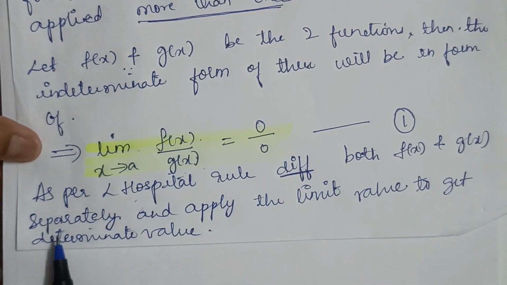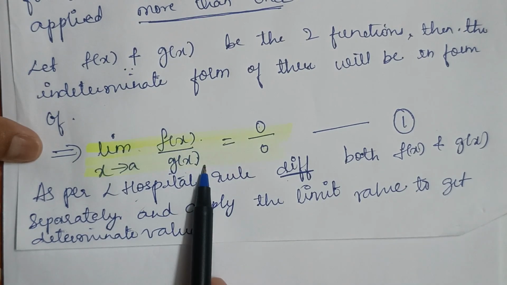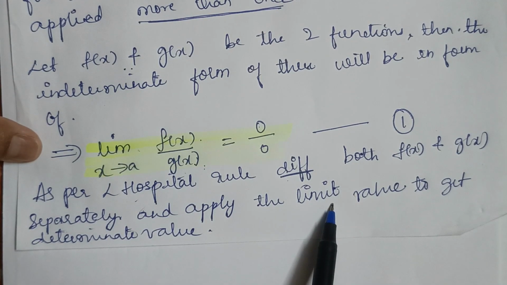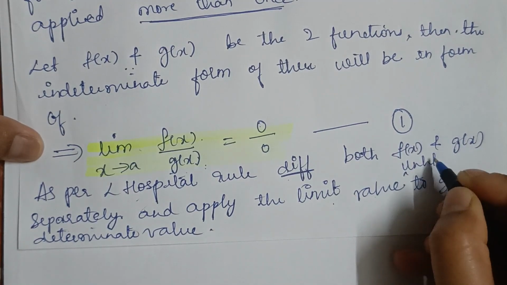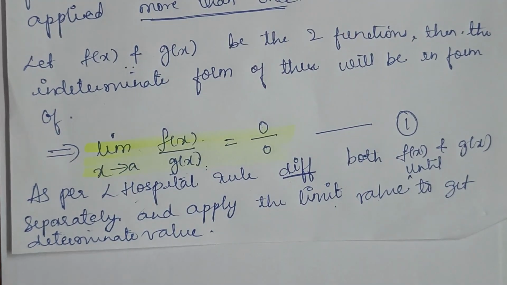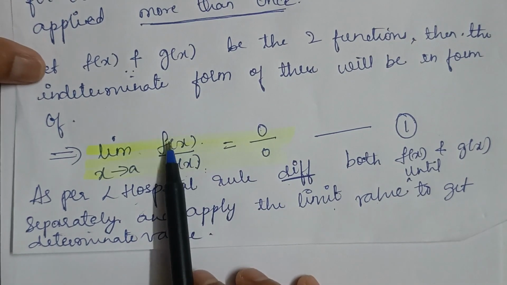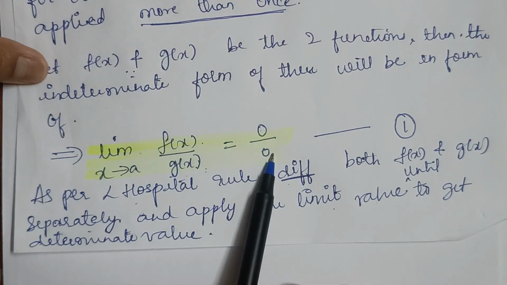So as per L'Hospital rule, differentiate f of x and g of x separately and apply the limit value until we get a determinate value. For example, you differentiate f of x and g of x separately and you get some indeterminate value.